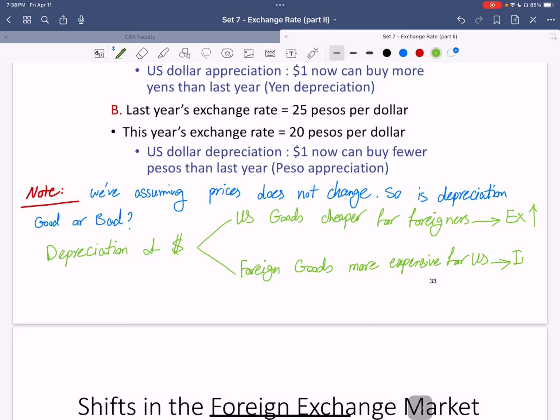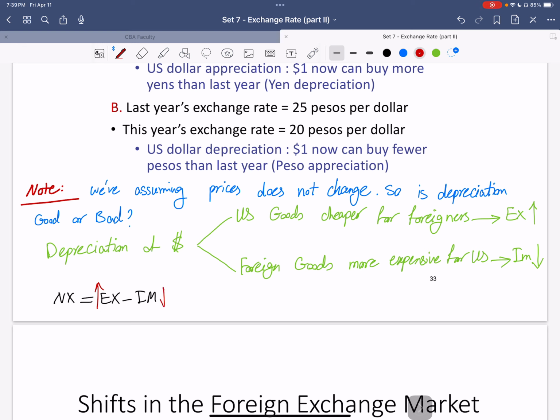So we will see imports decrease. And we know that net export is equal to export minus import. If exports are increasing and imports are decreasing, then in total we will see an increase in the net export. So assuming that the prices do not change, everything else is the same.